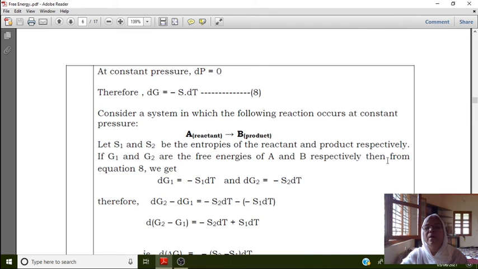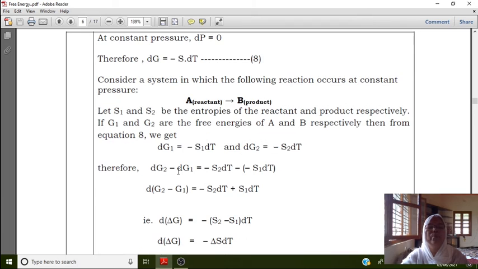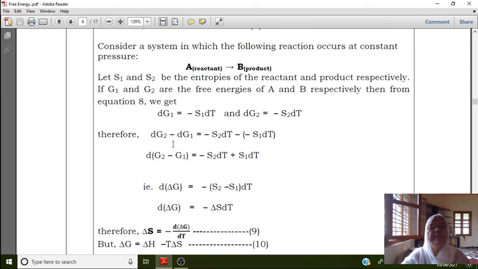Then from equation number 8 we get dG1 equal to minus S1 dT and dG2 equal to minus S2 dT. Therefore, dG2 minus dG1 is equal to minus S2 dT plus S1 dT.